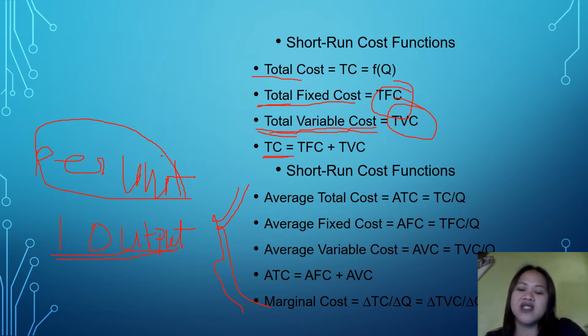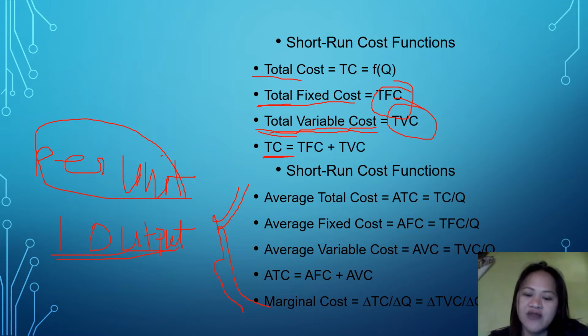Average total cost is considered to be the per unit cost of the output, what we spend per output that is released in our market.